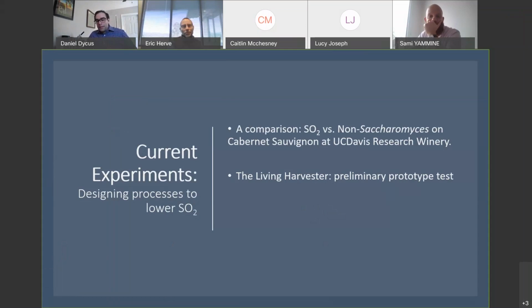What we did with the non-Saccharomyces is we got some highly compromised fruit from Elk Grove donated to us, and we wanted to implement a test where we would compare the addition of sulfur versus the non-Saccharomyces yeast in a laboratory setting at the UC Davis Research Winery.